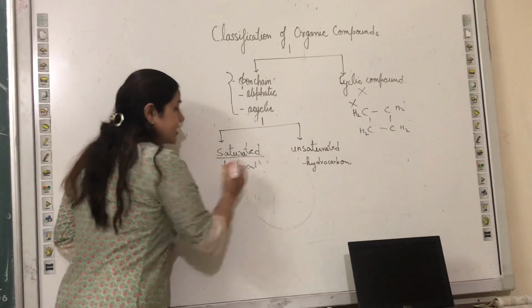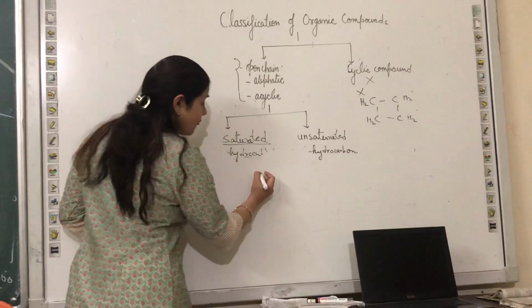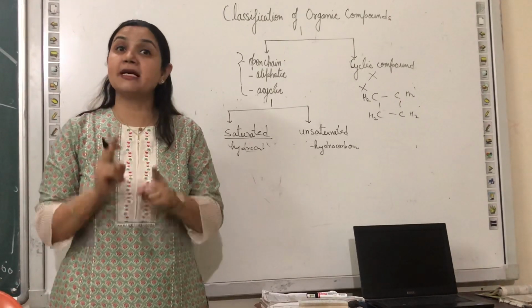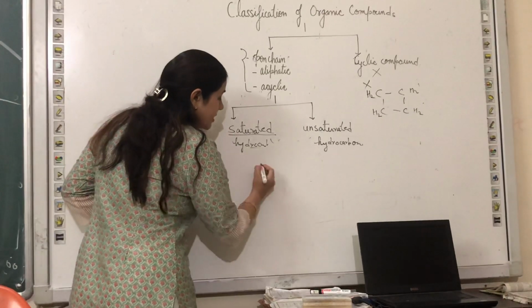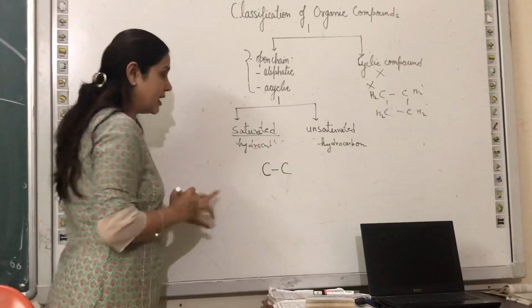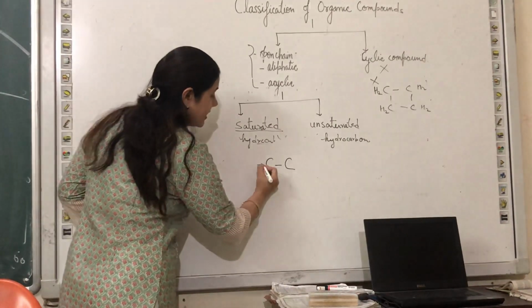Why is this known as saturated hydrocarbon? Because here all the 4 valencies of carbon are satisfied by single bonds only. This is a new term for you. Suppose we are forming a compound of 2 carbon. The rest of the valencies are satisfied by hydrogen only, so we will write like this.